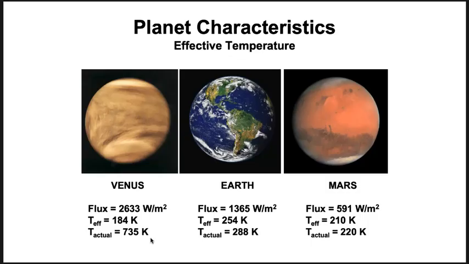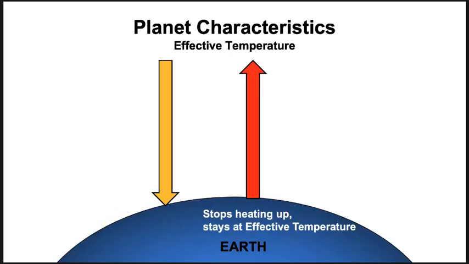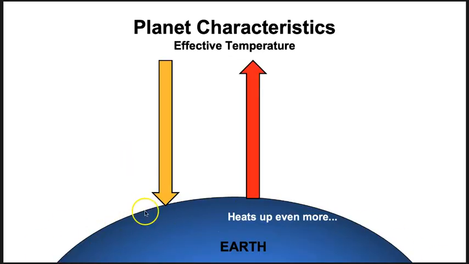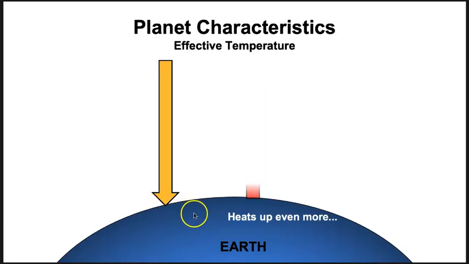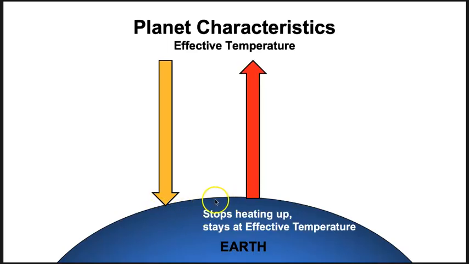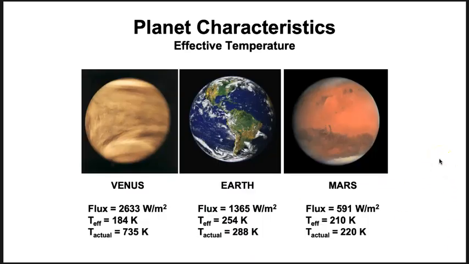If a planet doesn't have an atmosphere, if a planet really is just a rock with some sunlight shining on it, then the effective temperature model works pretty well. But if you add some atmosphere around that planet, then you've got to take that into consideration too, in order to get a handle on what the temperature really is.